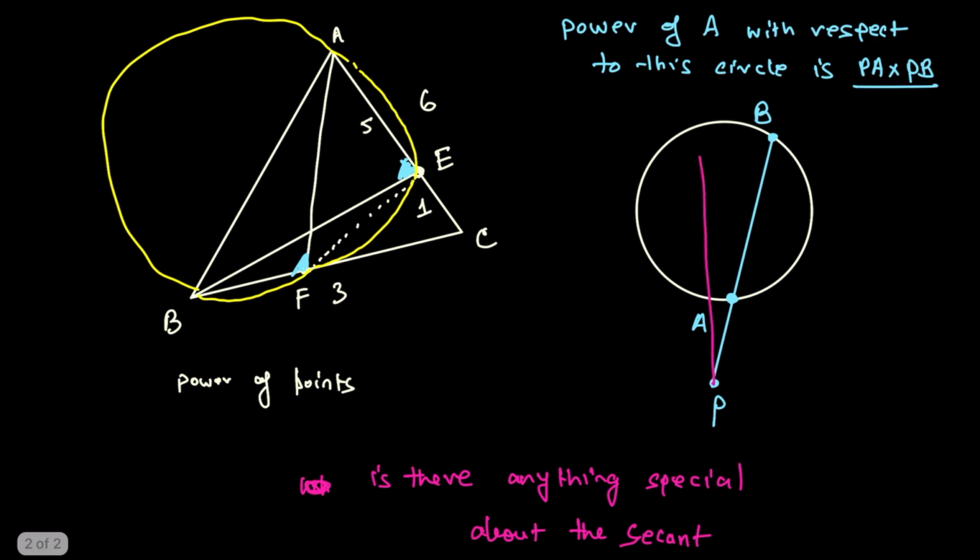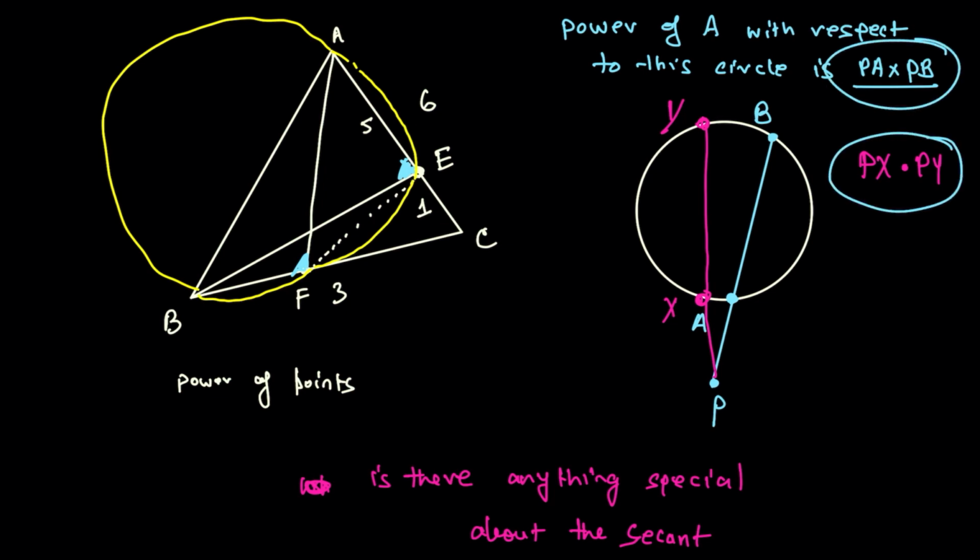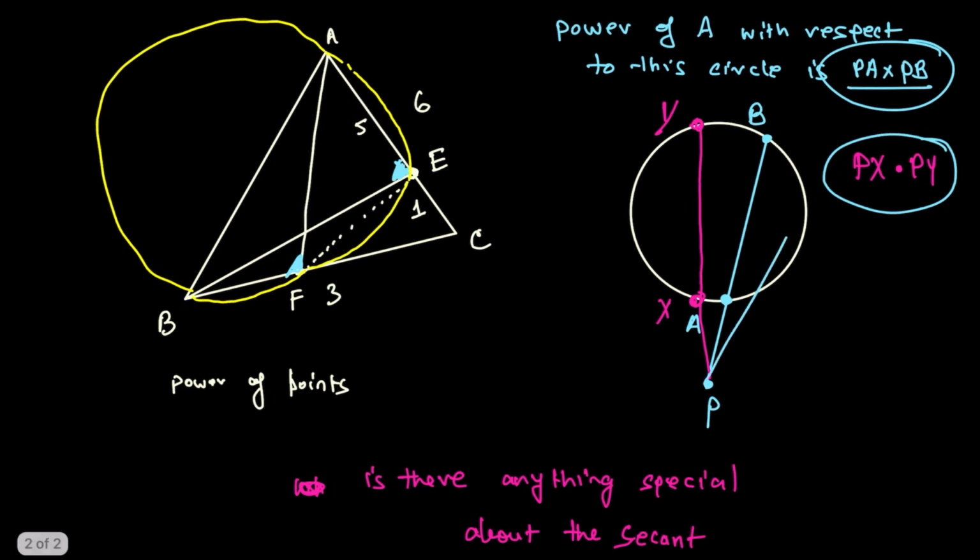You could have drawn another secant, any other secant, and calculated PX times PY. It would turn out that PX times PY would be equal to PA times PB. If you drew some other secant, let's say like this, MN, then that would be equal to PM times PN.